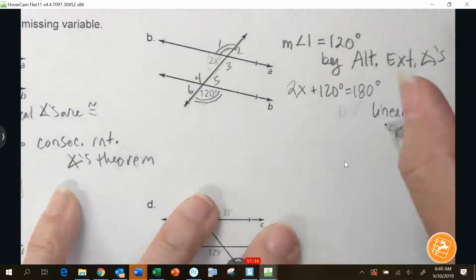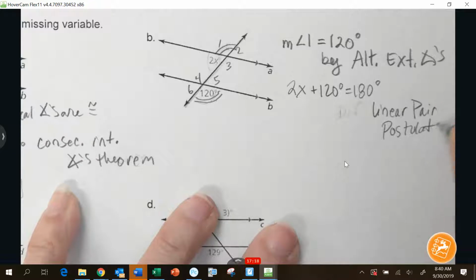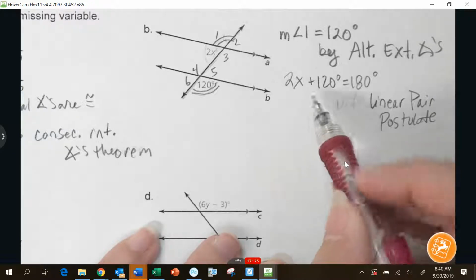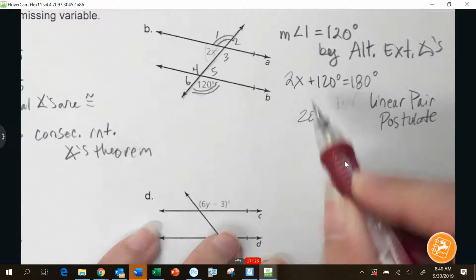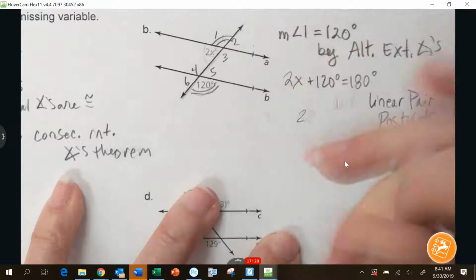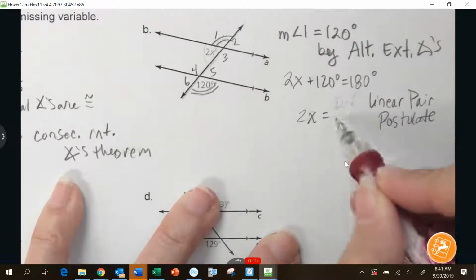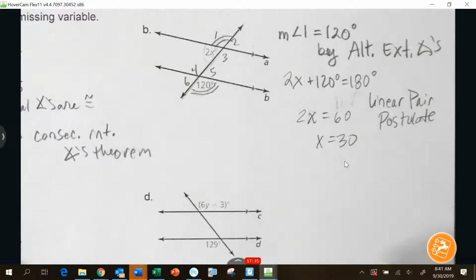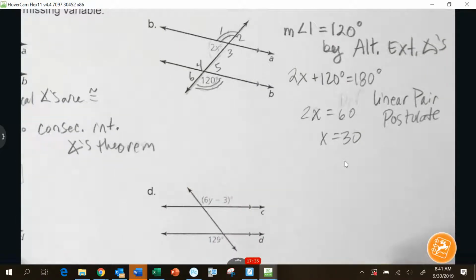Linear pair postulate. And so now we have an equation we could solve. We could take away 120 and I get 2x equals 60. So x is 30. It's not degrees.